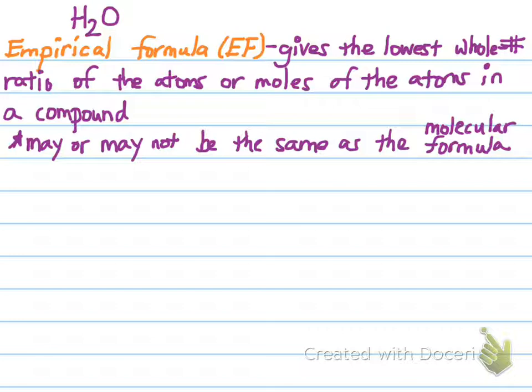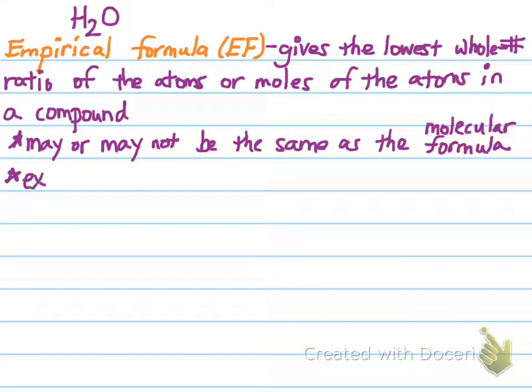But when we're talking about molecular compounds, where our prefixes become our subscripts, sometimes our empirical formula is the same as our molecular formula, and sometimes it's not. An example of it being the same is water. 2 to 1 is the lowest whole number ratio of hydrogen to oxygen in water. So H2O is both the molecular formula for water and the empirical formula for water.